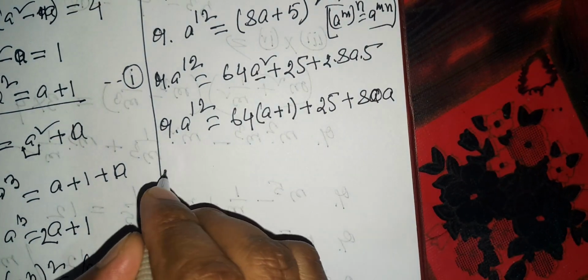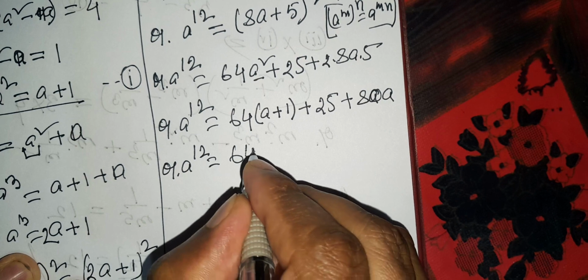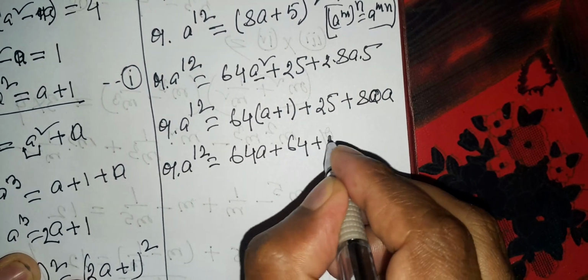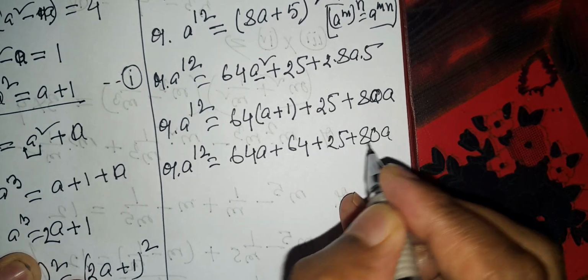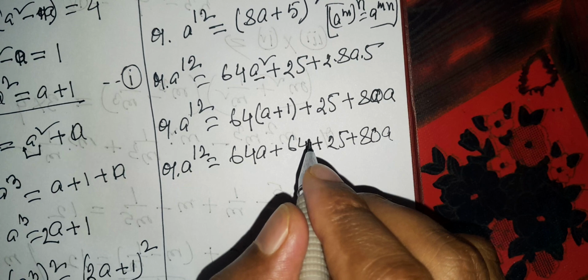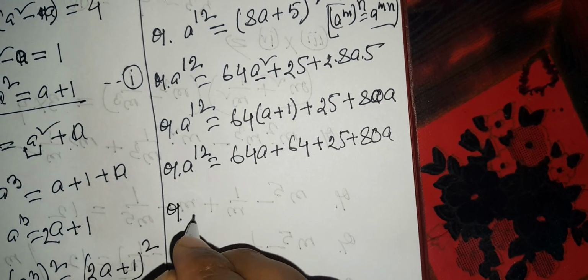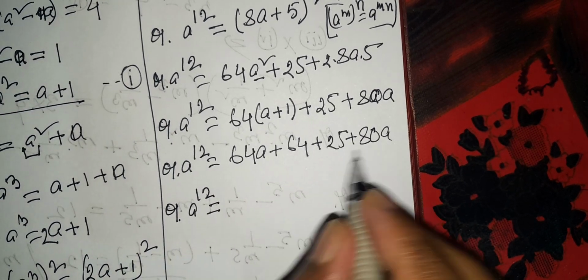Now a to the power 12 is equal to 64a plus 64 plus 25 plus 80a.